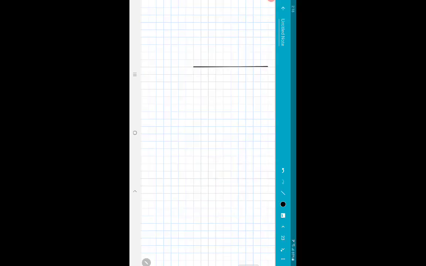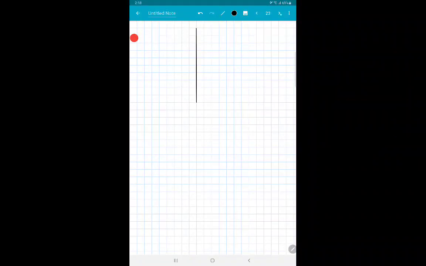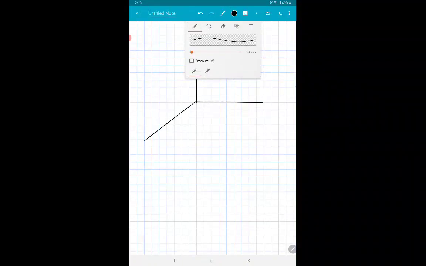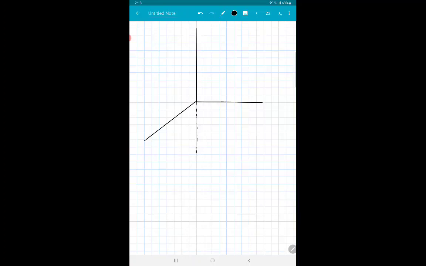Here we go. Bear with me. And we have the x-axis, y-axis, and then we have negative z, negative y, negative x. Okay, y-axis, x-axis, and z-axis.